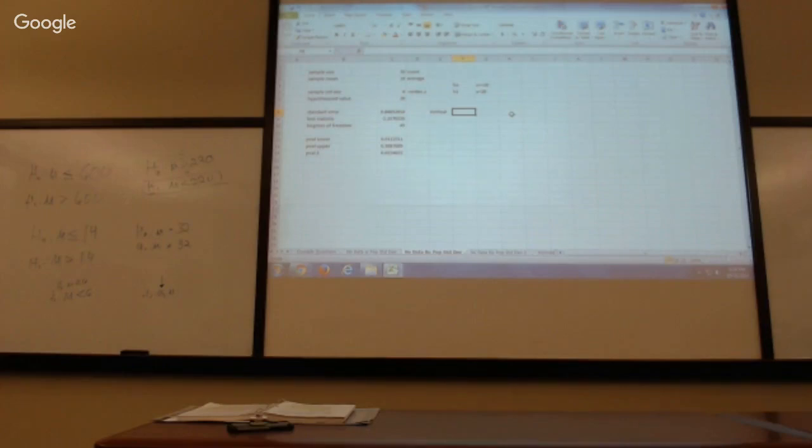So the way we're going to do that is t inverse. We're given a probability value at our alpha, and we want to find an actual t output value. So the probability we're given was 0.05. Our degrees of freedom remains the same.